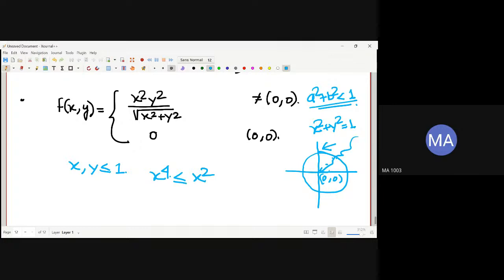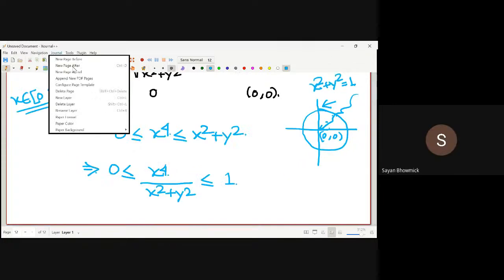And then we are going to do the y raised to 4 multiplication, and then we take the square root. Correct.